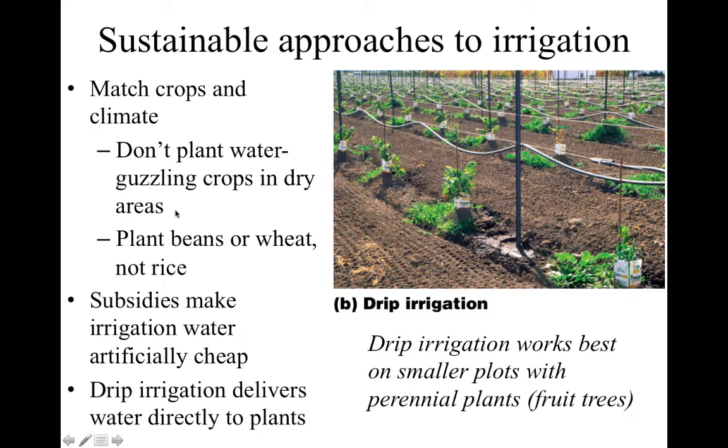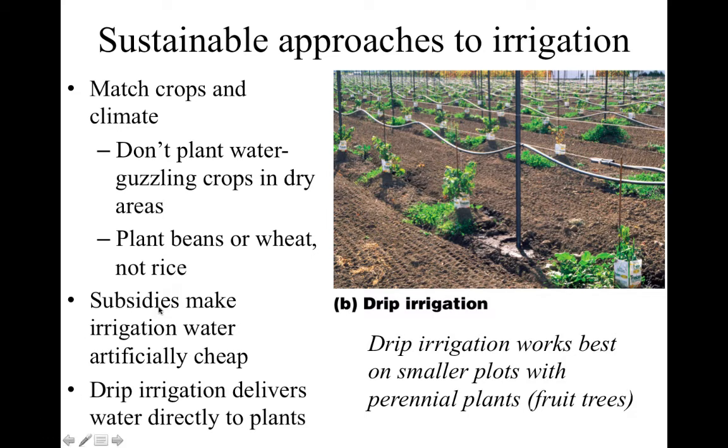And so one way to avoid or lessen the need for irrigation is just to match the crop with the climate. Beans or wheat do not require as much water as rice. Rice is something that needs almost total saturation to grow. So that's another way to lessen the amount of irrigation needed: don't plant rice in a dry area.